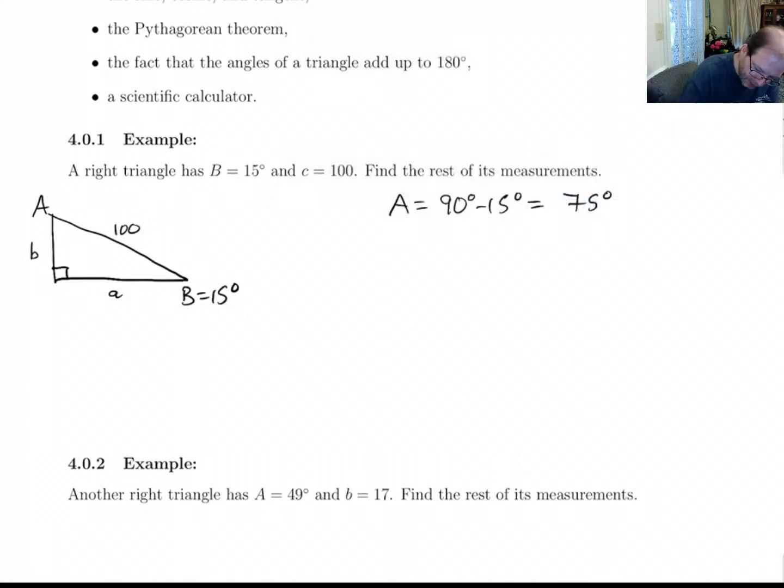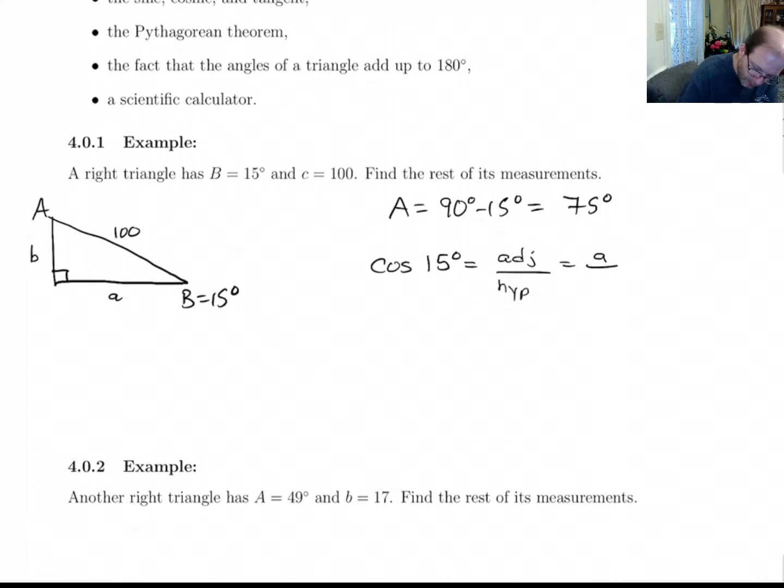So if I do that, I could say cosine of B, which is 15 degrees, is equal to adjacent, which is A, over hypotenuse, which is 100. So what I've got here is A over 100 equals cosine 15 degrees, or A is 100 times cosine 15.